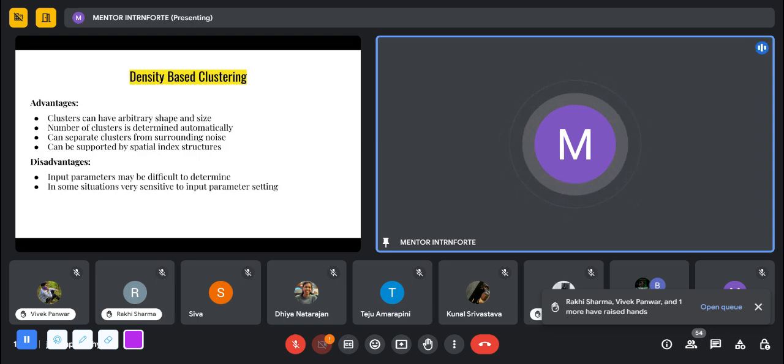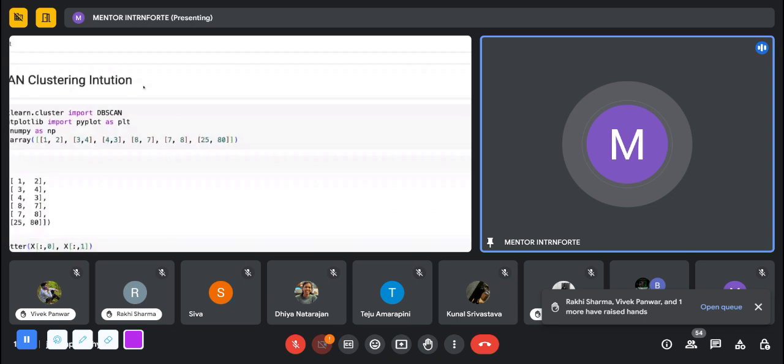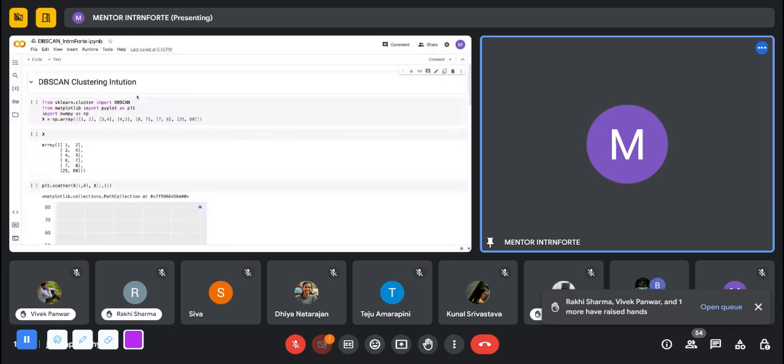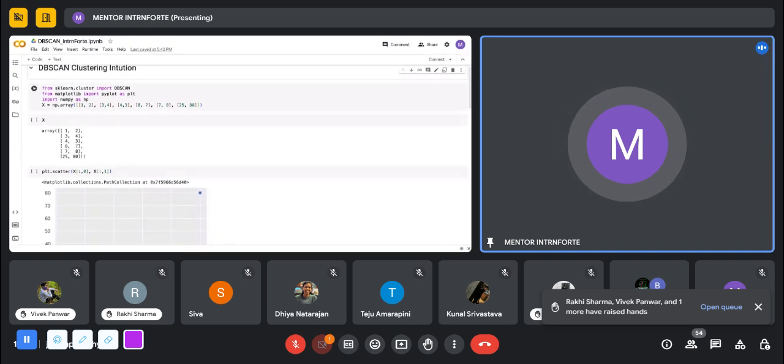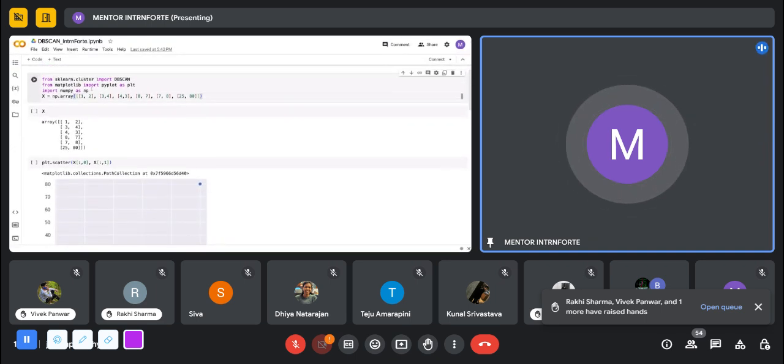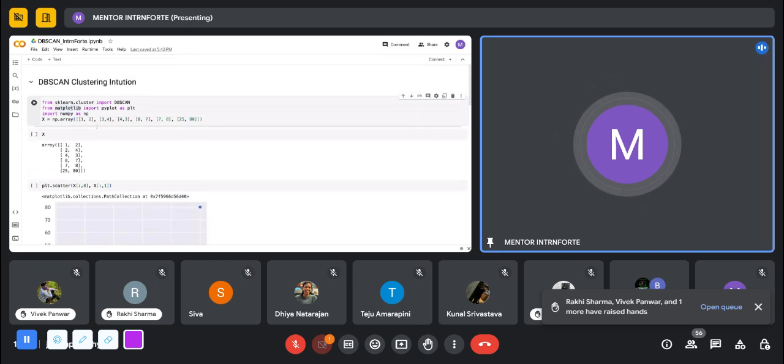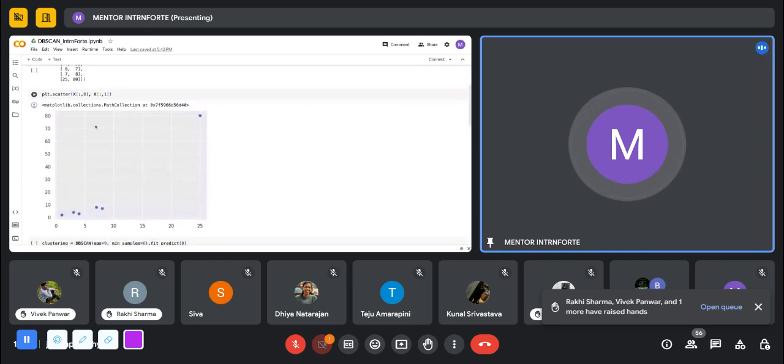Okay, now we will go to the practical side of it, and I will show you how DBSCAN works. I started this notebook by taking some random points.